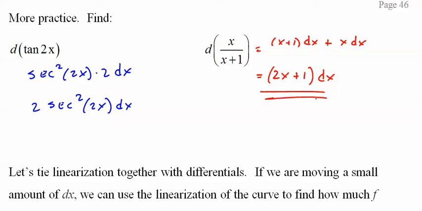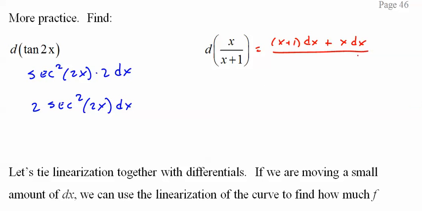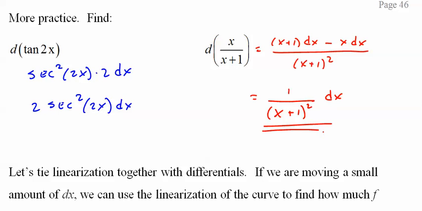That's wrong because I forgot the entire bottom. (x plus 1) squared equals, and this is an interesting way to write it, and that's a minus, x dx plus cancels, 1 over (x plus 1) squared dx. That's typically how it's done. You could also put the dx there on top.